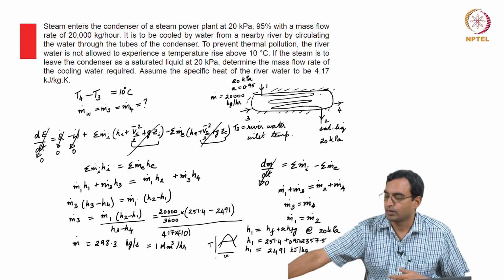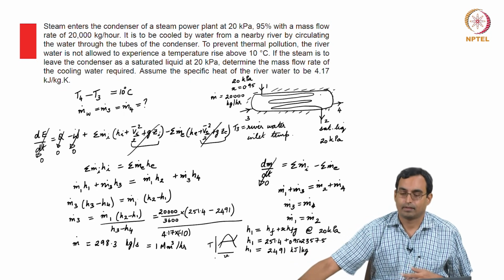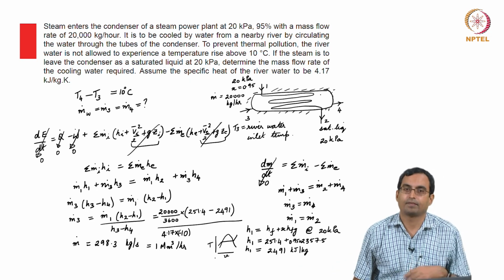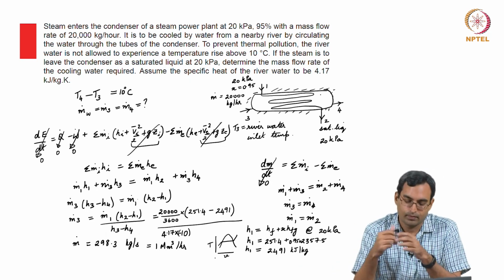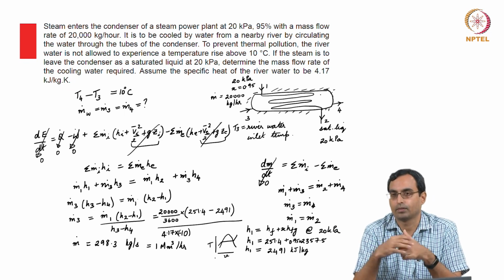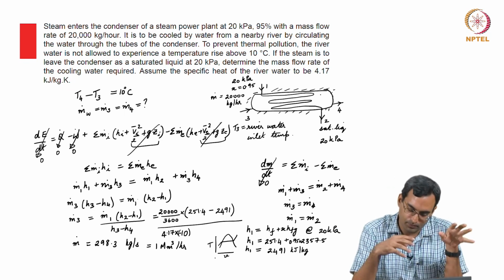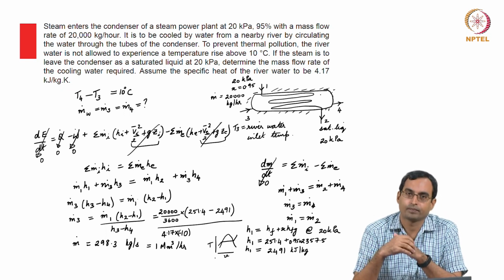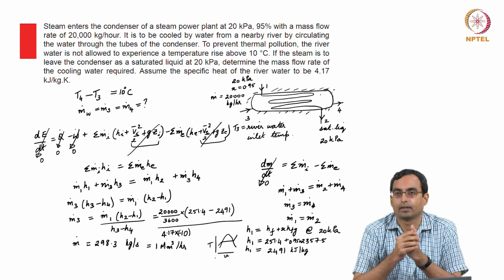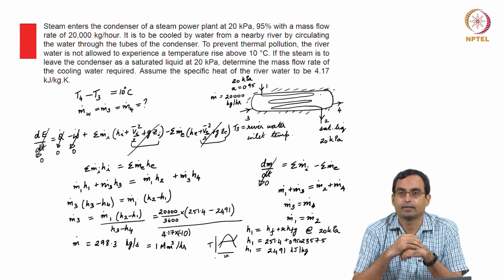So, we need to reject a lot of heat, and if we make this water go out at a higher temperature, it will affect the surroundings, the surrounding water life, plants and fish and so on, in a big way. So, we need to have a large flow of water, so that the temperature of the water does not increase too much in this process. So, this is a problem on heat exchangers using the first law.